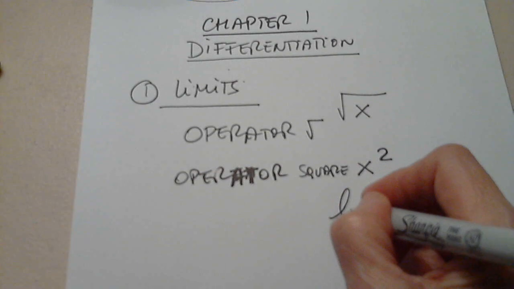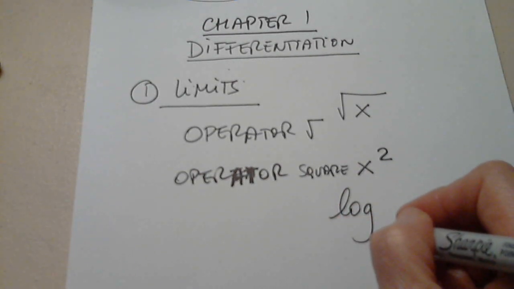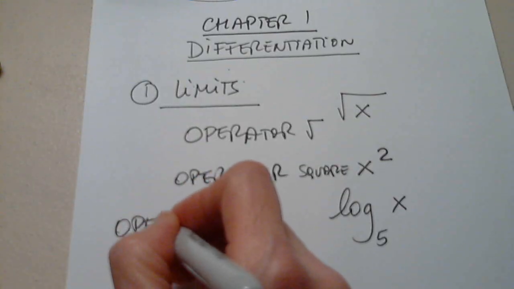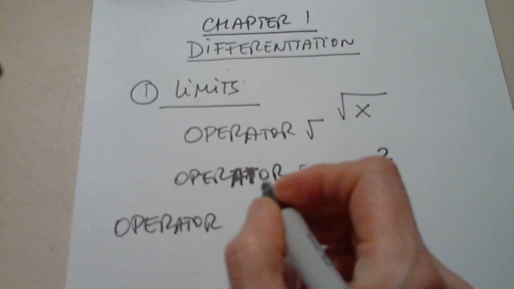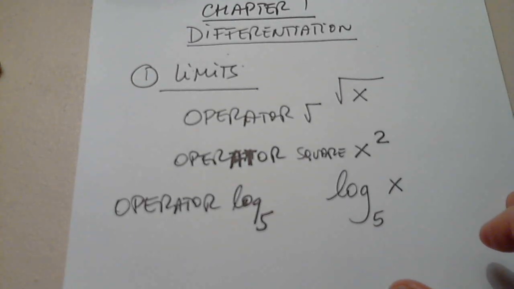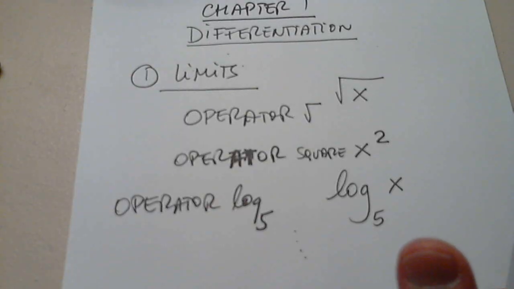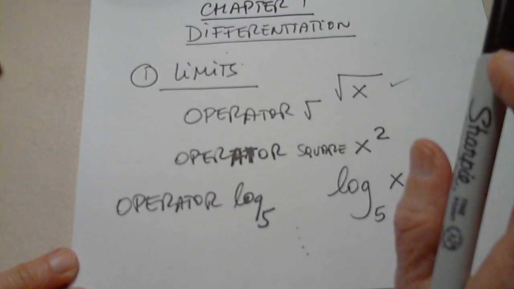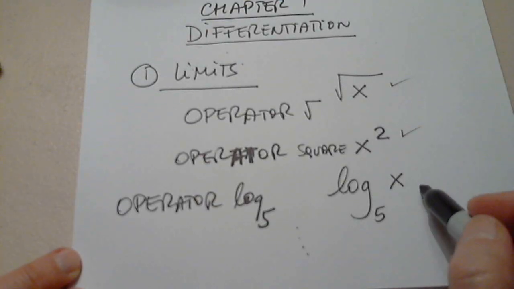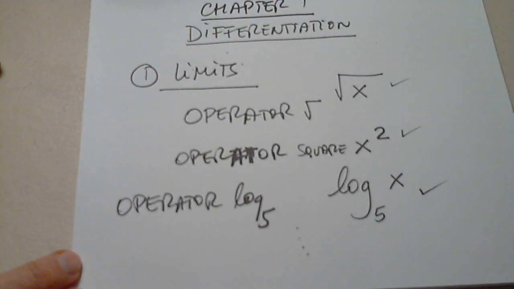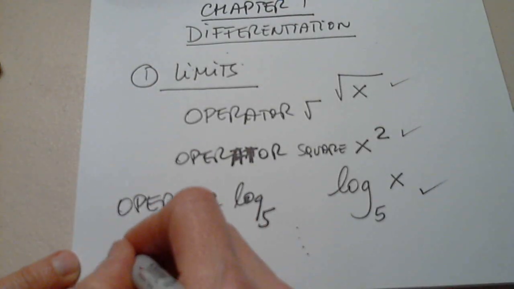If I want to determine log base 5 of x, I'm applying another operator called log base 5. And I can continue forever. Well, I'm making a point. What happens if I don't want to take the square root? I don't want a square, and I don't want to apply log. But what I want from a function is the tendency.